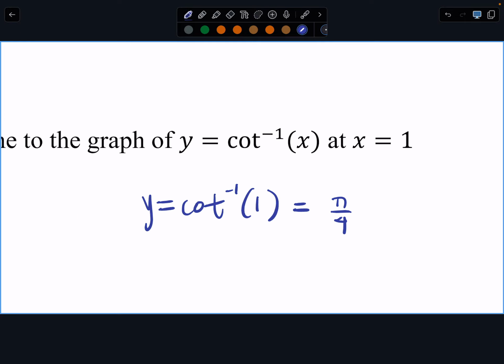Because it's the inverse cotangent of positive 1. If you're thinking about the range of inverse cotangent, is it 0 to pi over 2, union pi over 2 to pi? Wait, no. It's just 0 to pi. So from 0 to pi, what angle would make cotangent equal to 1? And since it's a positive ratio, you're thinking Q1 angle. So what Q1 angle on the unit circle would make cotangent equal to 1?